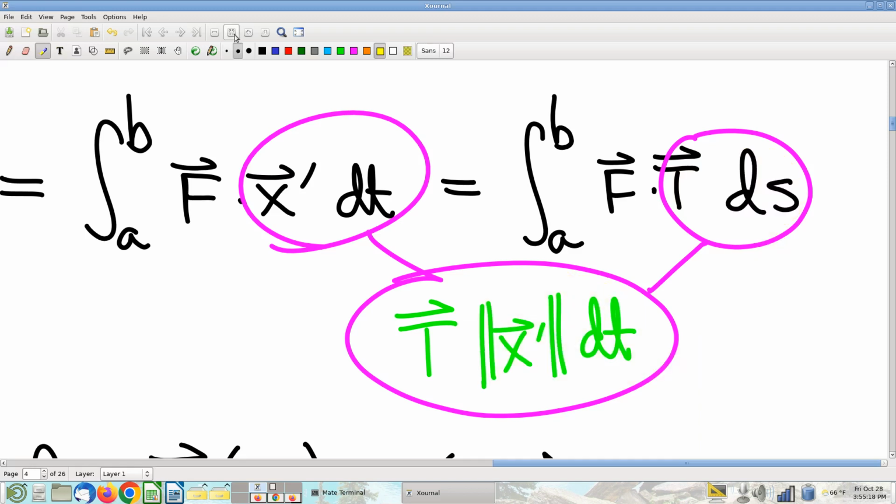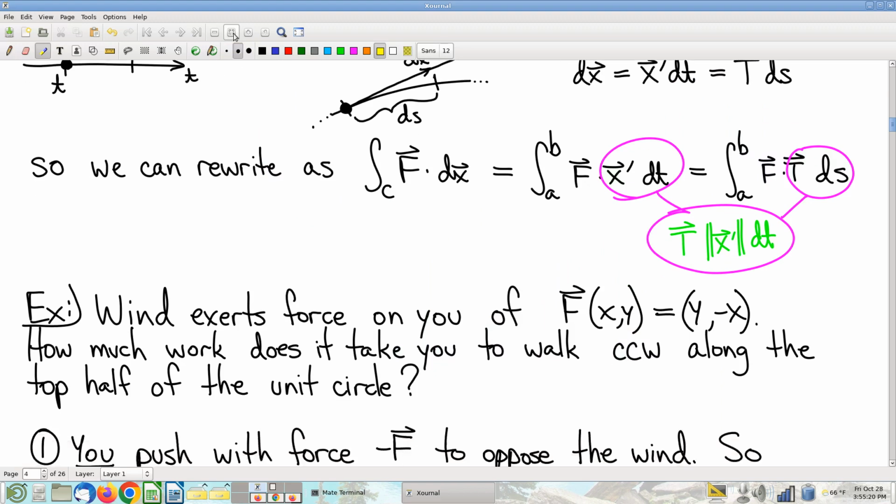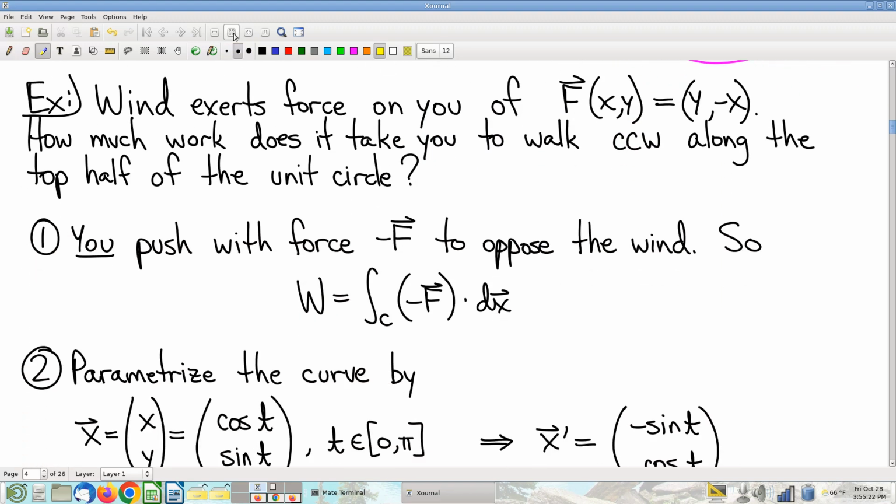Okay. All right, so let's see an example. So the wind's blowing, it's exerting forces. You're having to push to keep from falling over because, I don't know, let's say it's a hurricane or something. And you are walking counterclockwise along the top half of the unit circle.